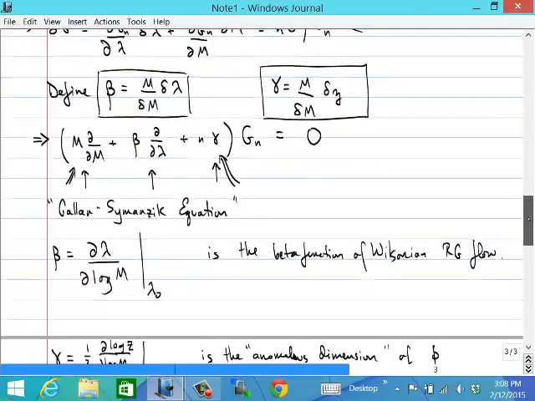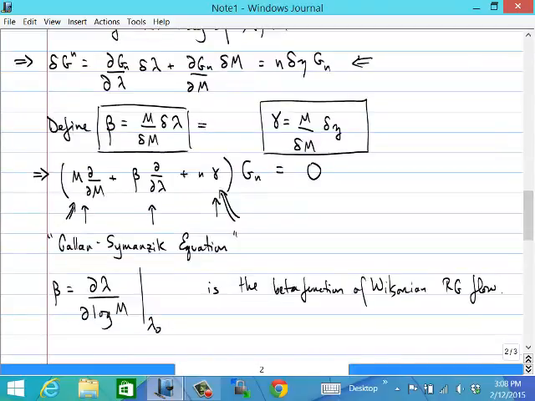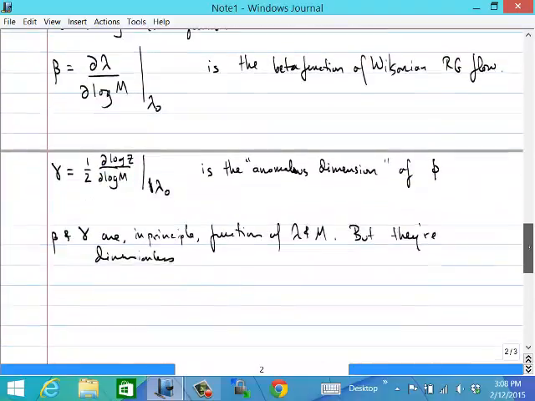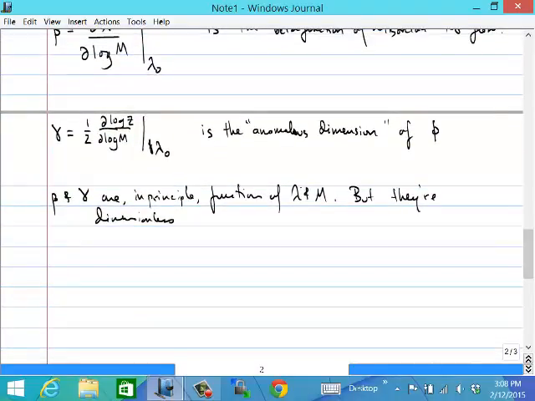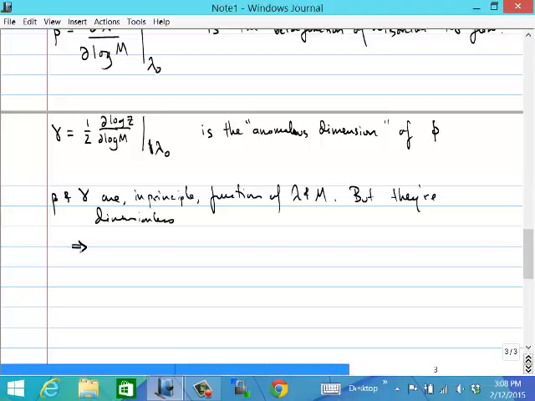So for example, lambda is dimensionless, and so beta, which is m over delta m times delta lambda, is also dimensionless. Likewise, gamma is dimensionless. And the coupling lambda is dimensionless, but m is dimensionful. So because beta and gamma are dimensionless, they're both functions only of the coupling lambda. It's a general result.